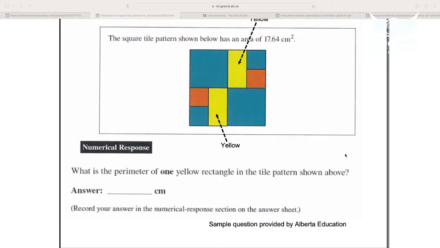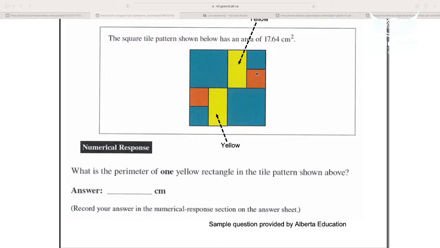We can see that this square is divided into 4 equal regions: 2 blue squares and 2 squares that contain a yellow rectangle and 2 small squares, blue and orange. So we divide the area by 4 and get 441.